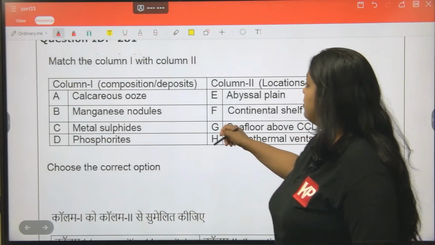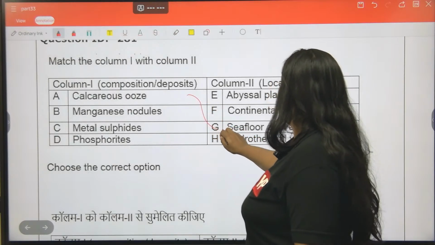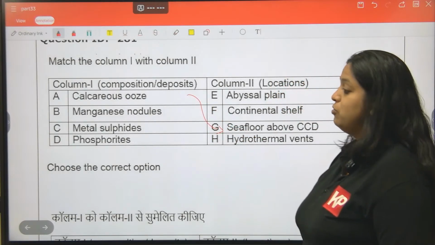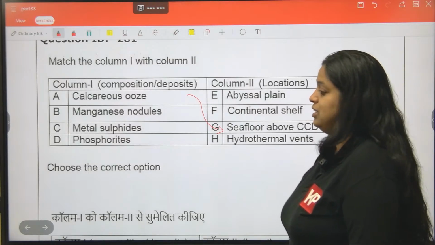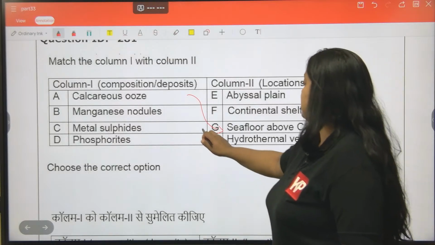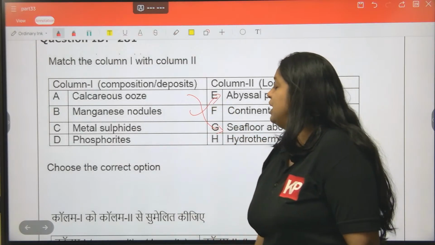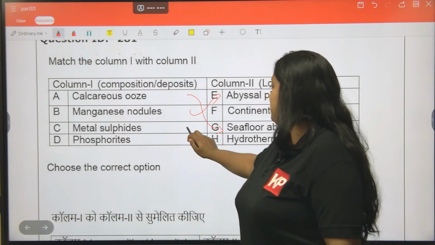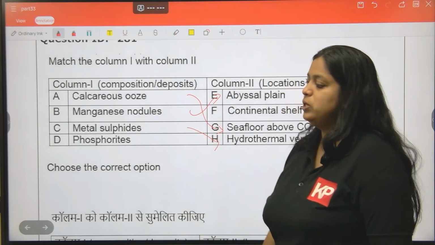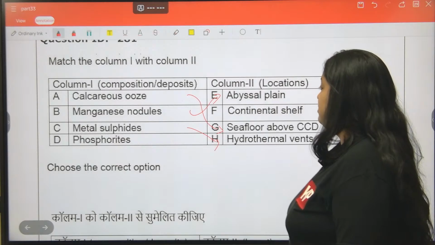It's easy. Calcareous ooze should be deposited above the calcium compensation depth, above CCD, that is for sure. Manganese nodules are associated with abyssal plain, which we have discussed in the class. Metal sulfides are associated with hydrothermal vents.